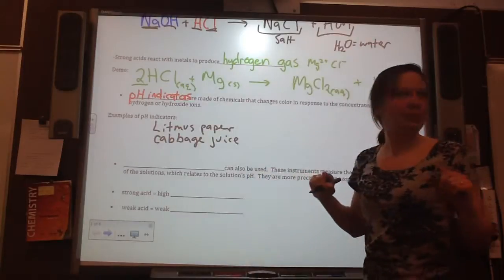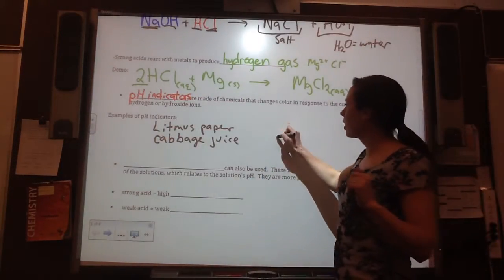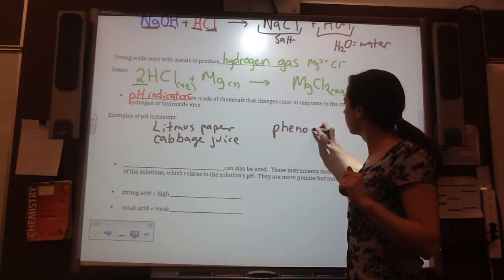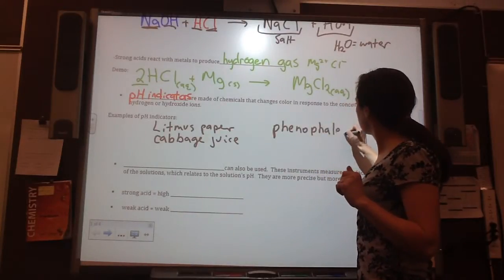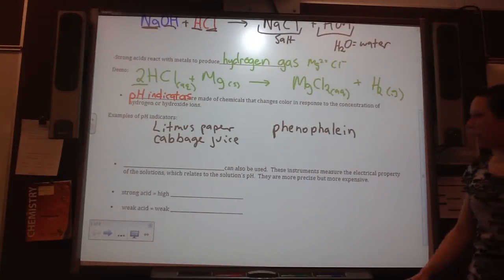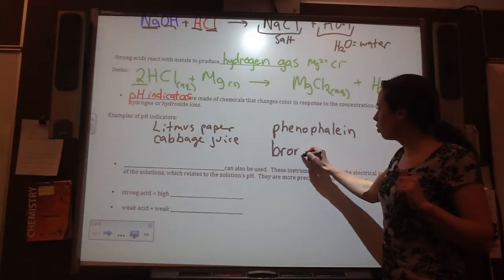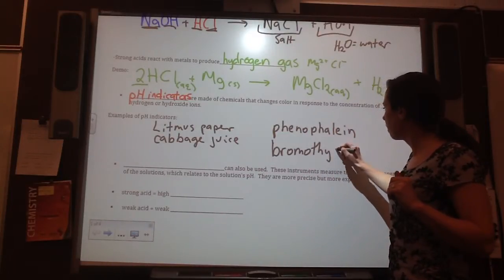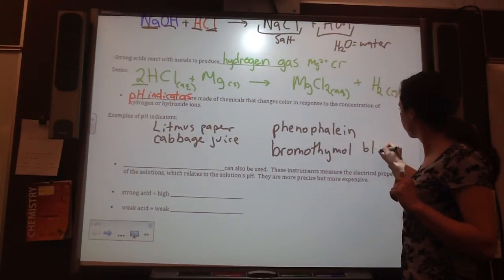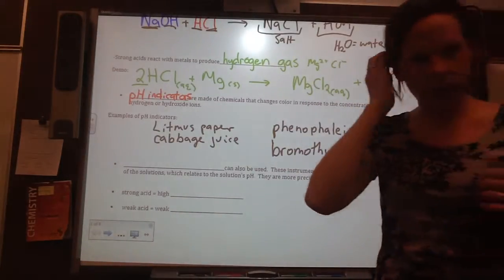Maybe we'll make some. Have you ever heard of phenolphthalein? That's a type of indicator, phenolphthalein. And another one is called bromothymol blue. Okay, so come up and we'll do a couple tests with these.